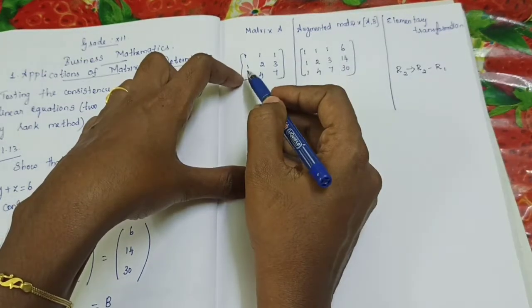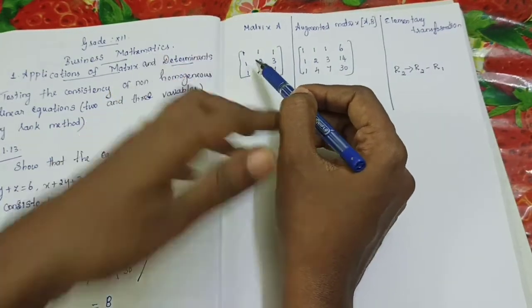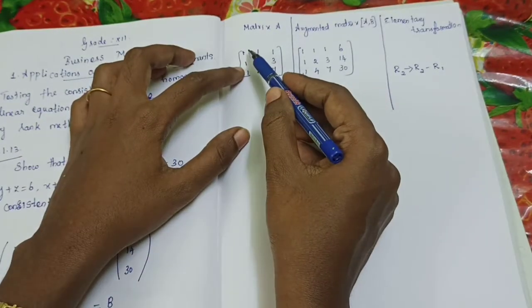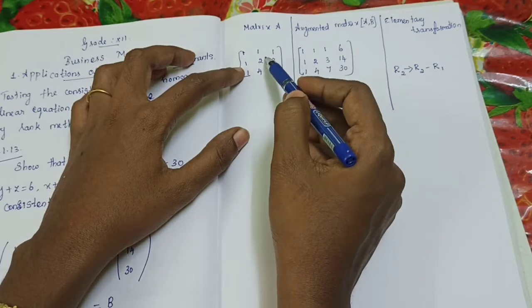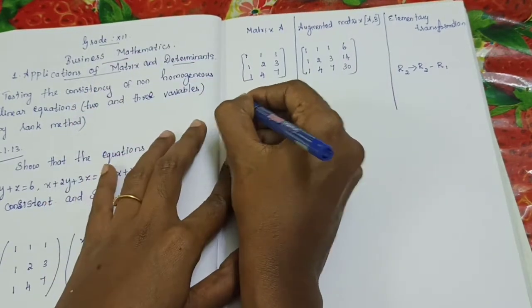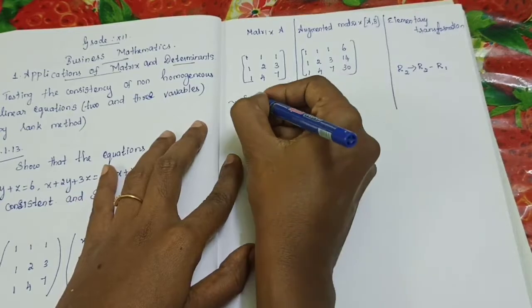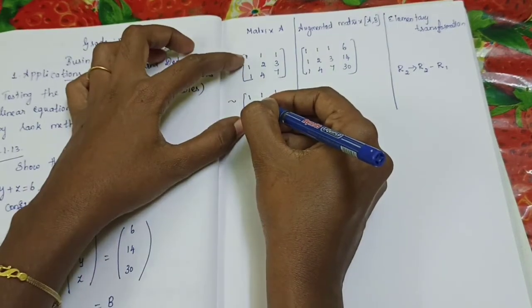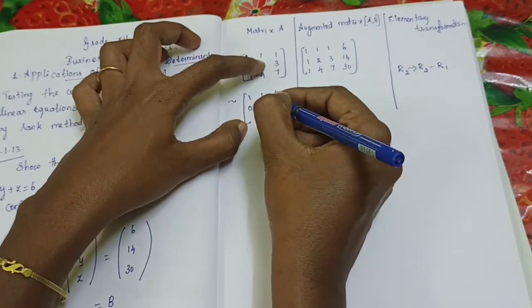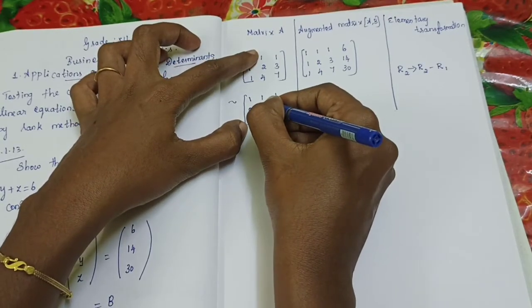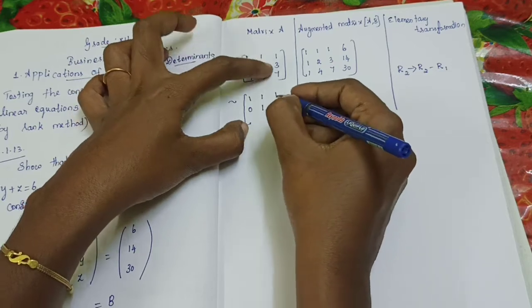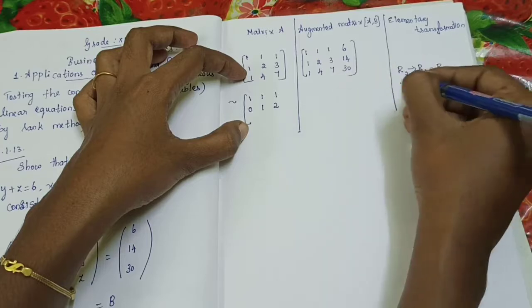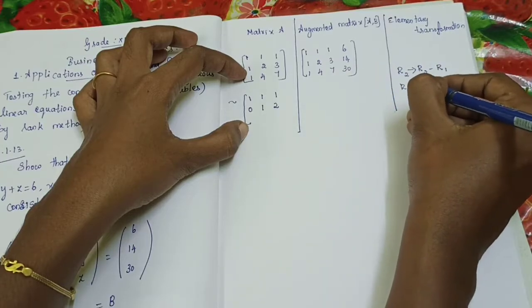If I subtract R2 minus R1, R2 is 1, so 1 minus 1 is 0, 2 minus 1 is 1, and 3 minus 1 is 2. First row stays as it is.